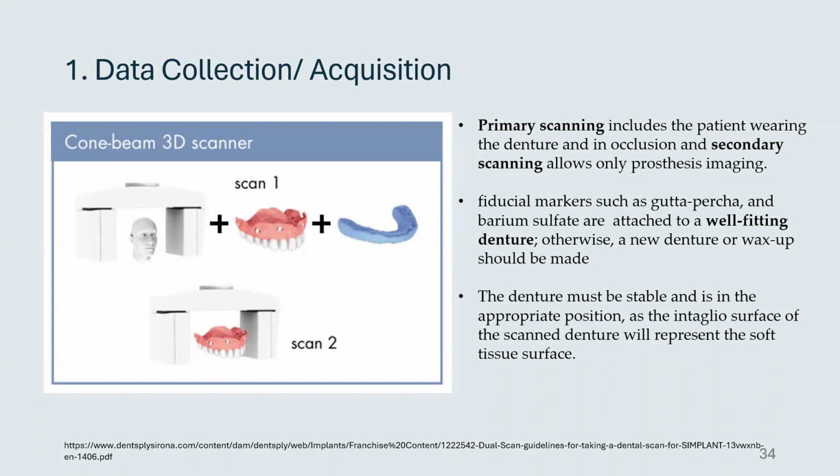We attach them to the denture, and then we ask the patient to wear the denture and take the first scan. It must be taken with the patient in occlusion. Then the second CBCT scan is performed for the denture alone, as you can see here. The internal surface of the prosthesis will represent the soft tissue of the patient.